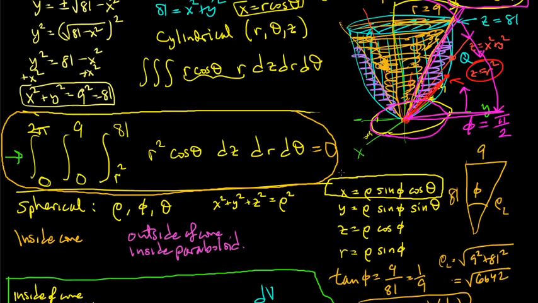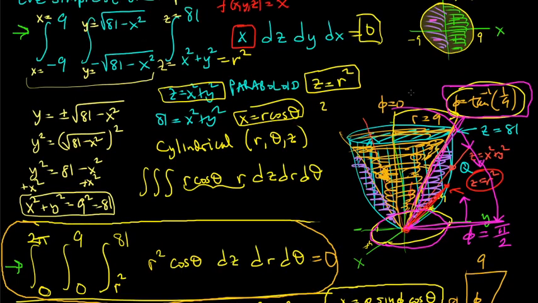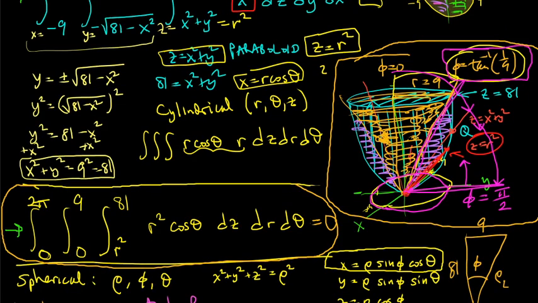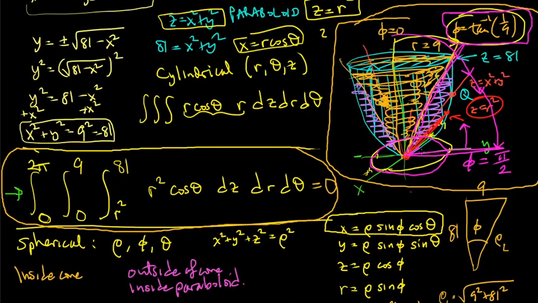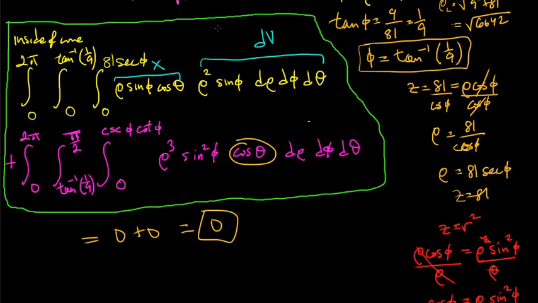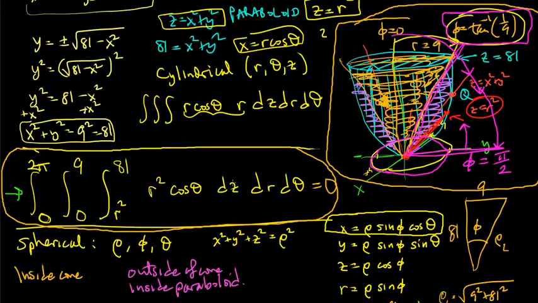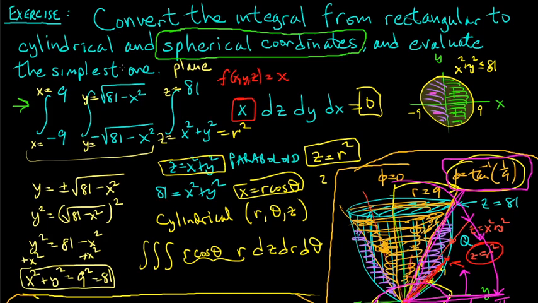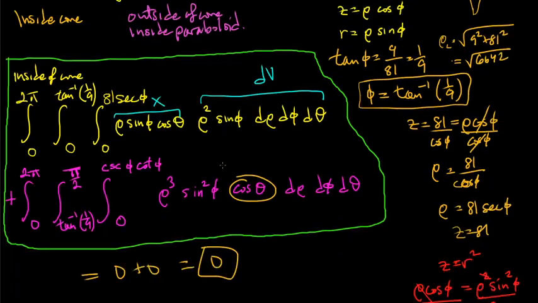This is a pretty difficult problem, and it just depends on how well you draw your region and how well you interpret the inside of the cone and the outside of the cone as 2 different regions that, when you add them up, give you the inside of the paraboloid. Occasionally you just have to get used to the different regions.